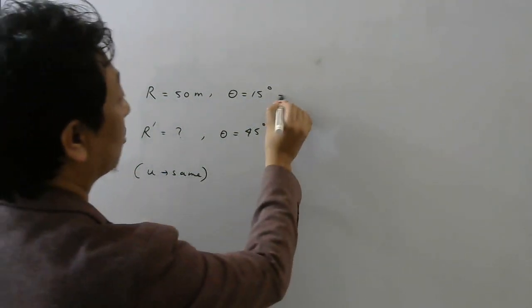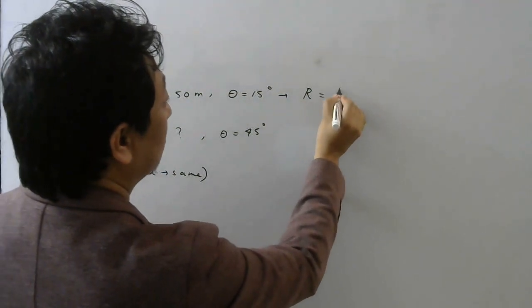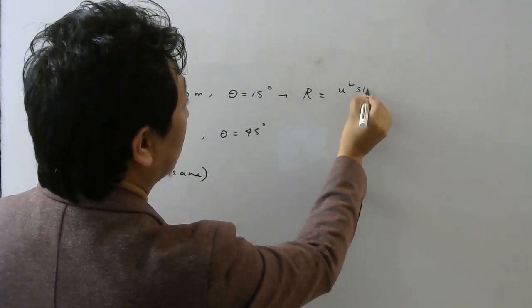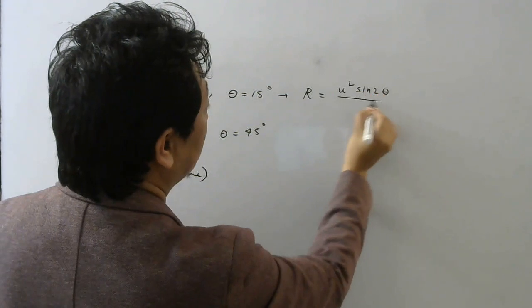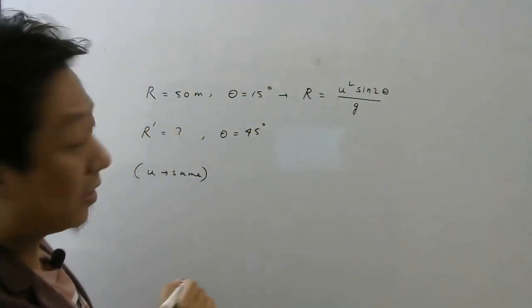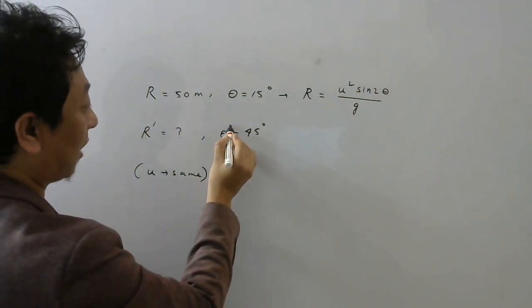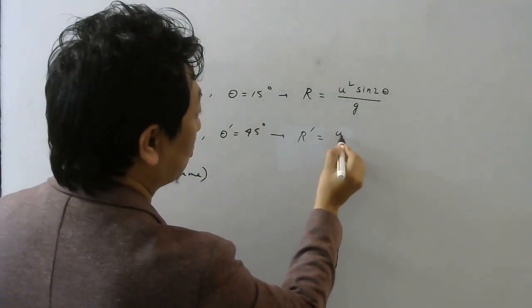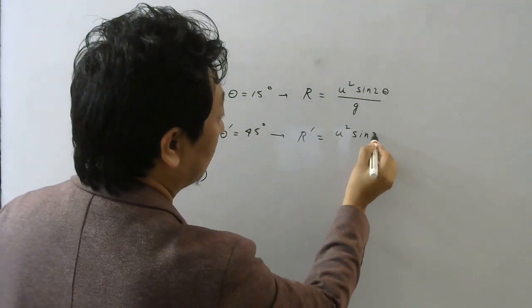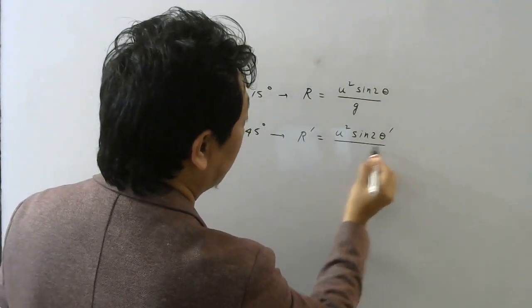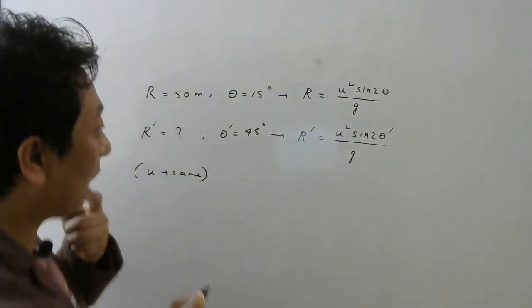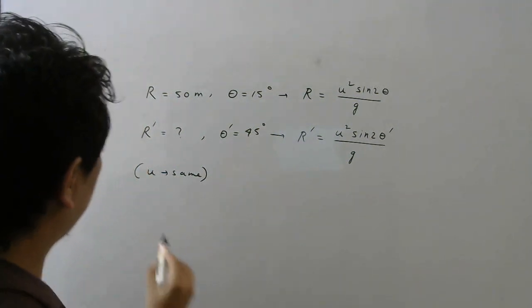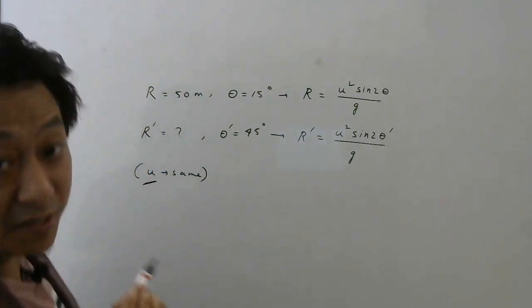So we know the formula for range is equal to u square sine 2 theta divided by g. Right? And when you change the angle, let me call this angle theta dash. The new range will be u square sine 2 theta dash divided by g. Now why did I write the same u? Because in the question they told the initial speed is same.